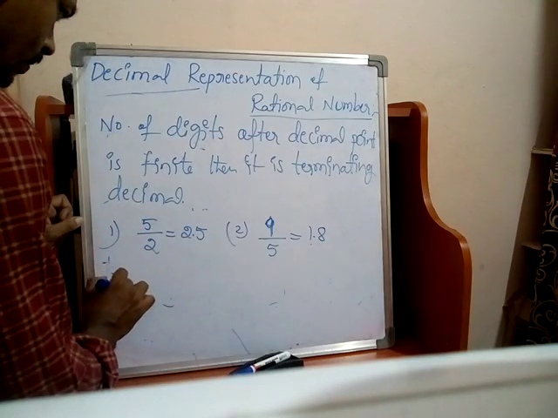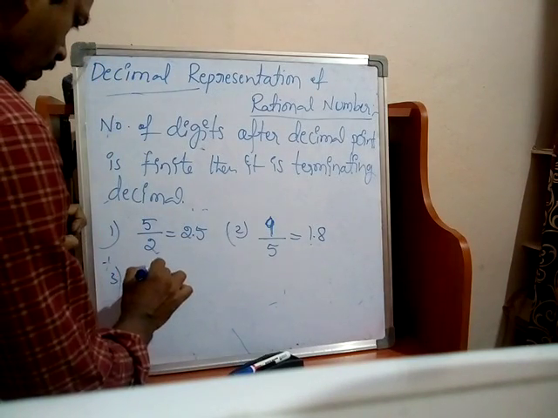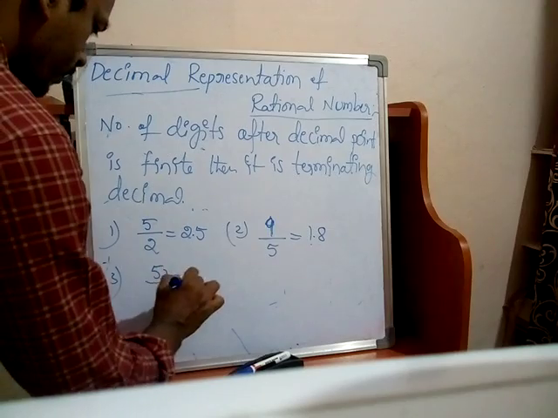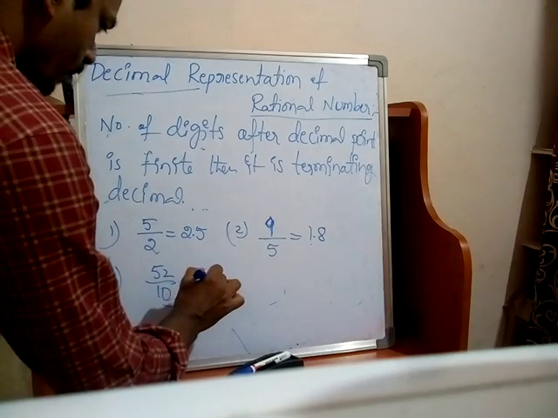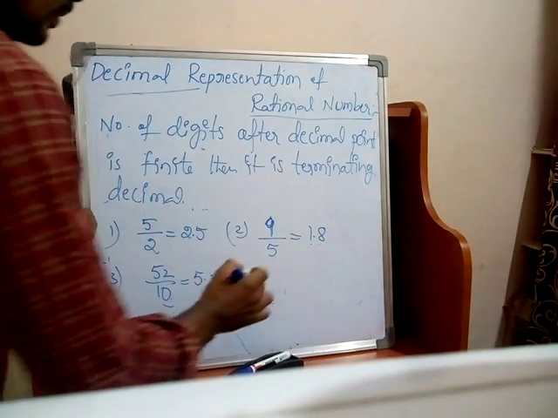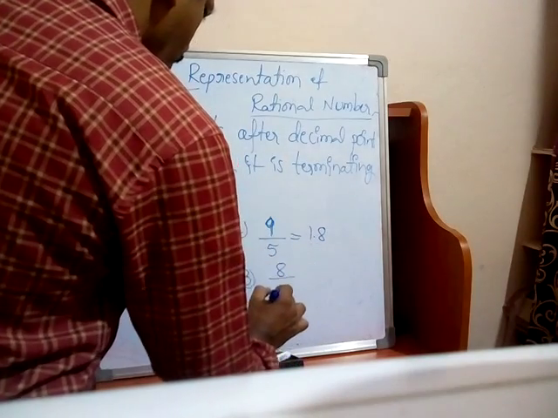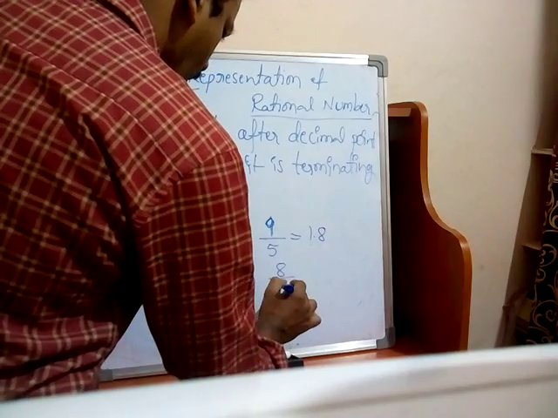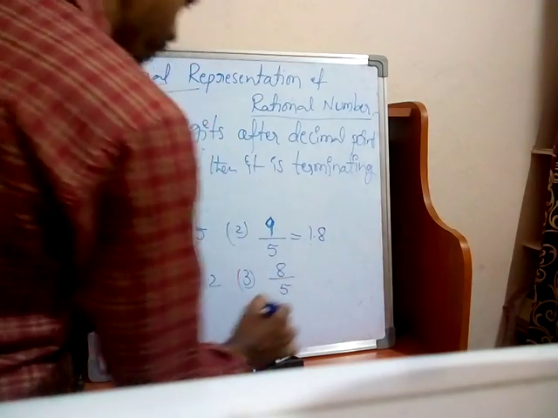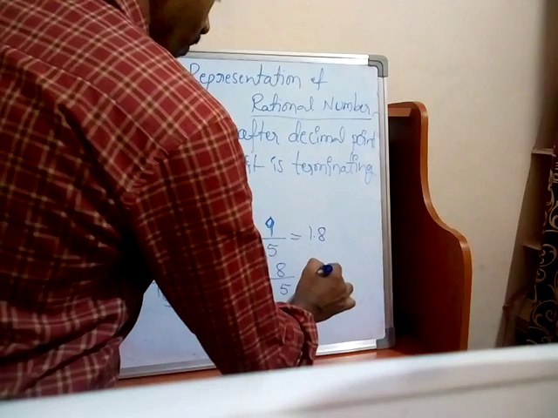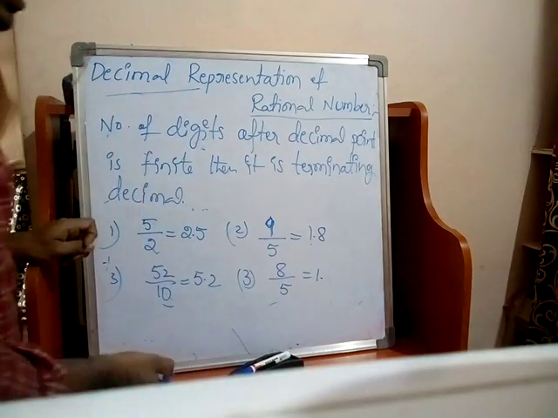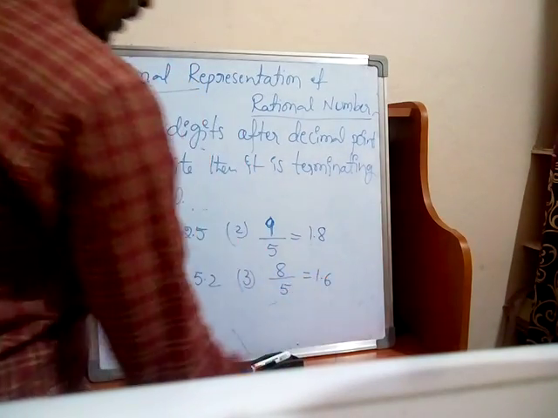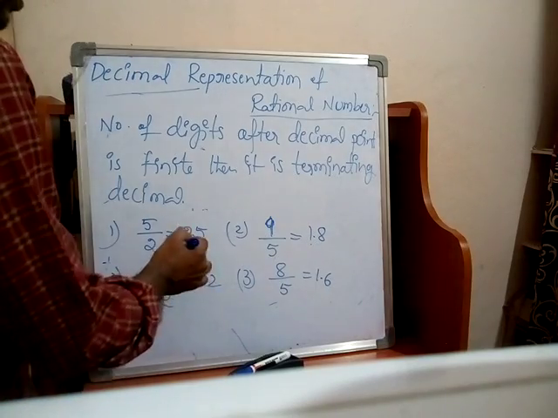So 1.8. Next, 8 by 5: 1, 3 left, 30. 5 sixes are 30. So we get 1.6. Everyone is a terminating decimal.